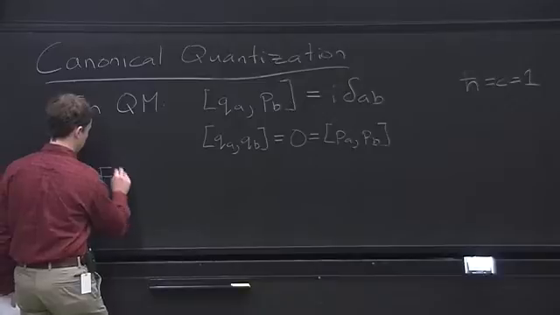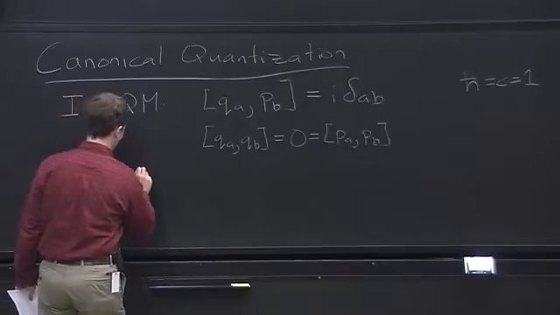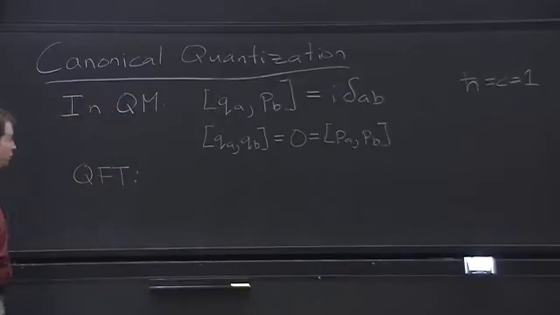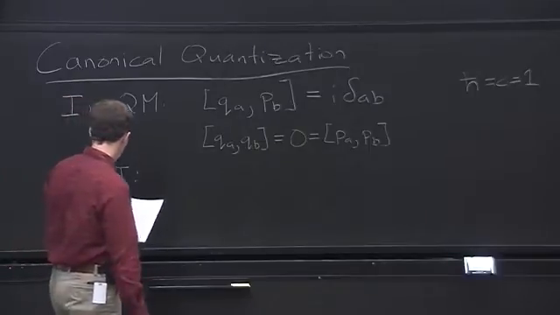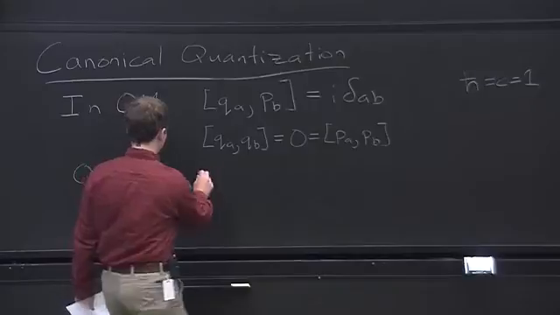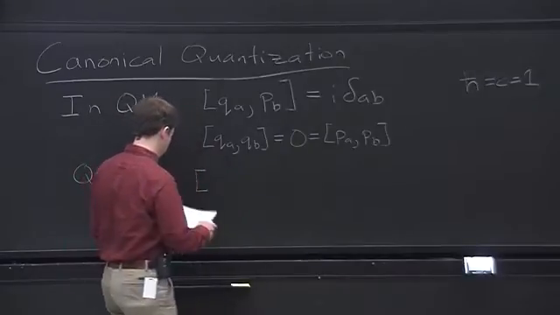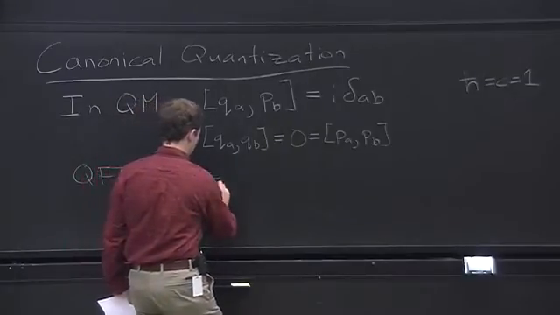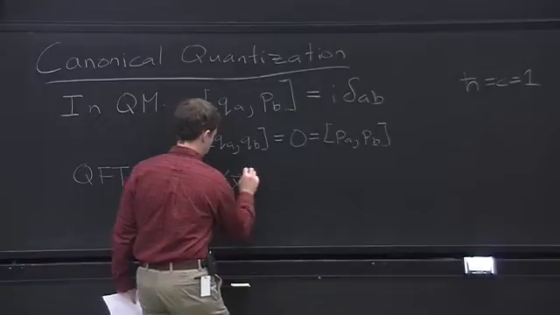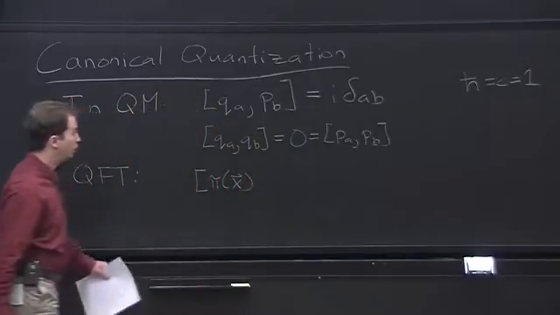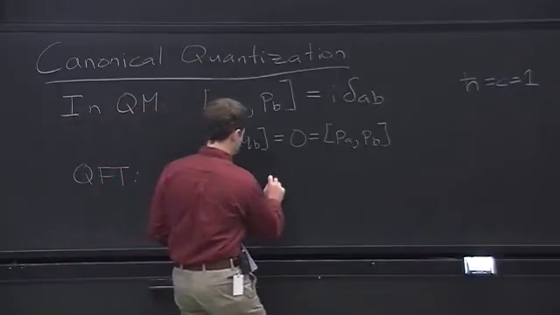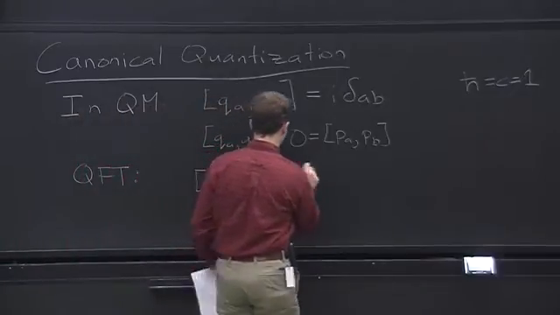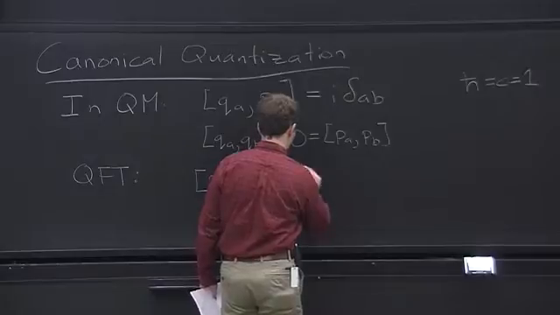So for now, I'll work in the Schrodinger picture. We'll talk about the Heisenberg picture later in the lecture. So the fields phi play the role of the generalized coordinates, and pi are their associated conjugate momenta.